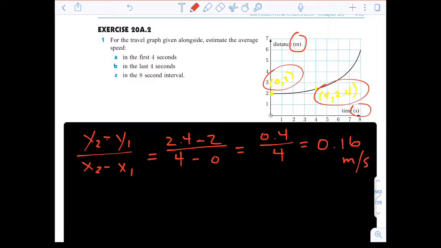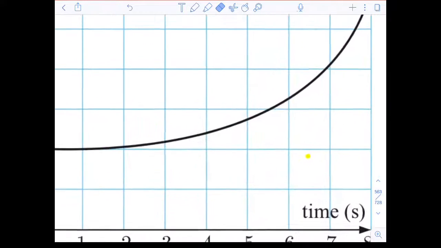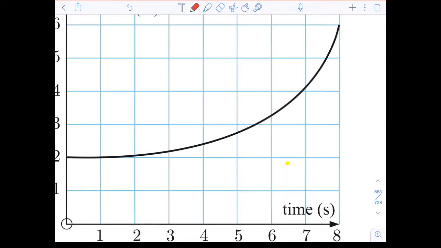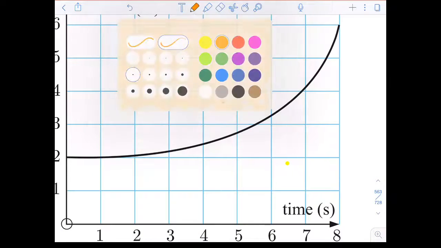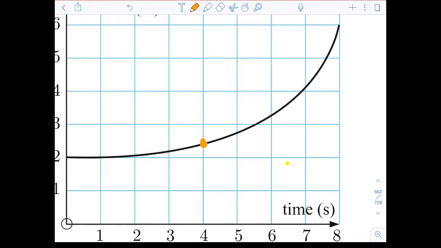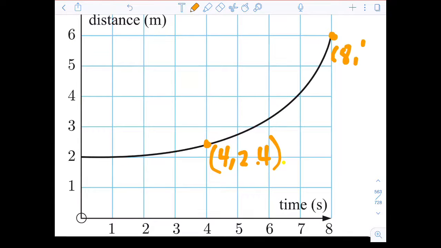Next it says, how about in the last 4 seconds? So same idea, we're going to choose our spots on our graph. So we said this one here we thought was at 4 and 2.4. The last 4 seconds we have 8 and 6.